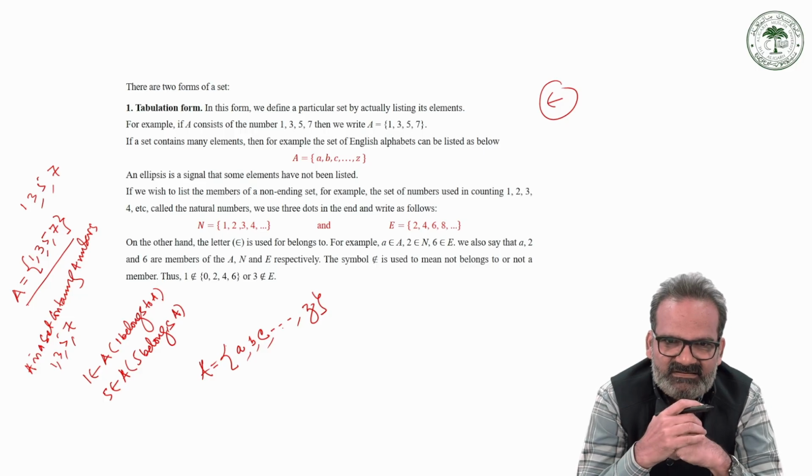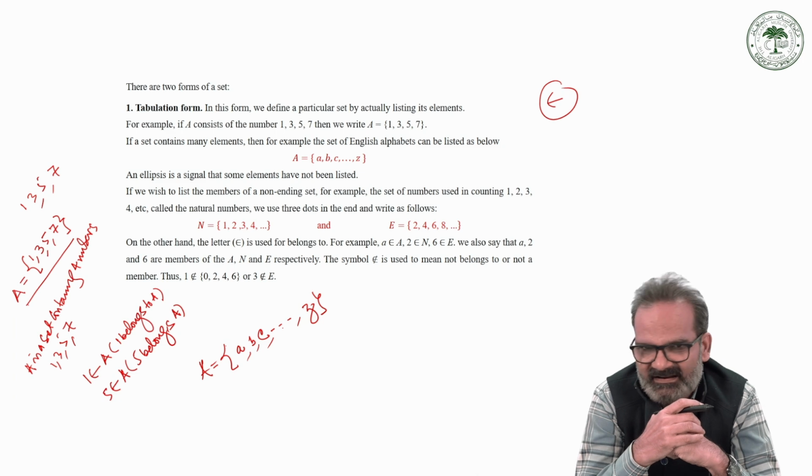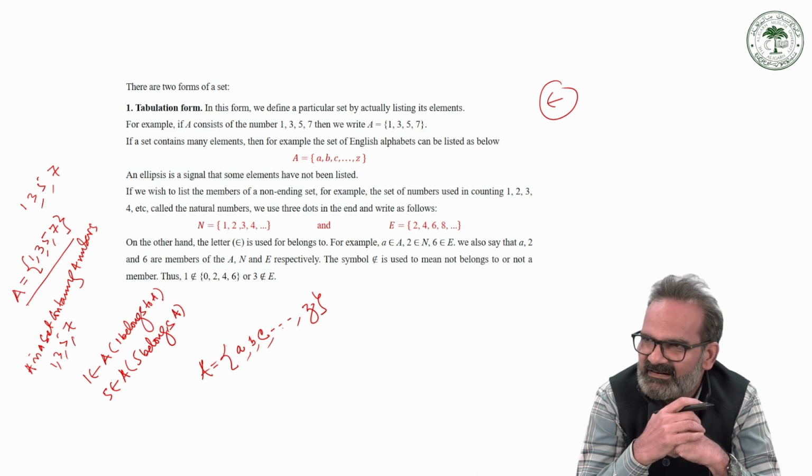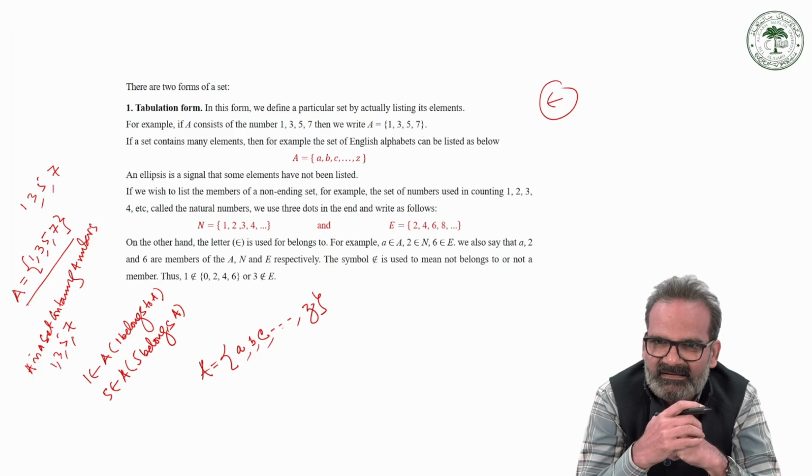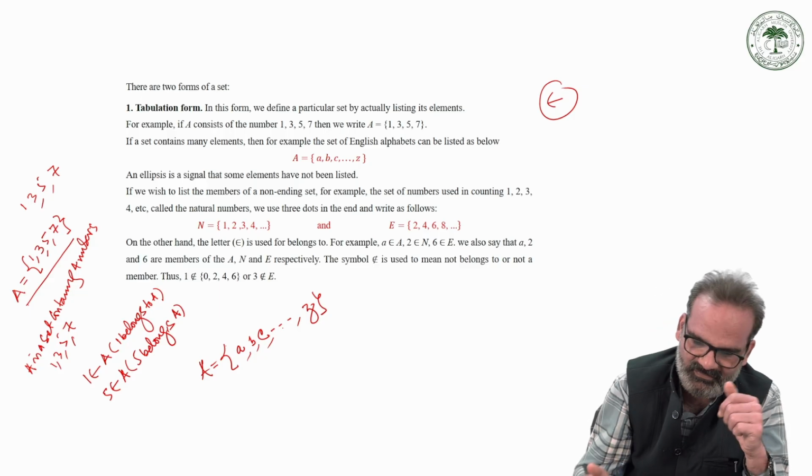If we wish to list the members of a non-ending set, non-ending set meaning a set whose elements never terminate, for example, the set of numbers used in counting, 1, 2, 3, 4, etc., called the natural numbers, we use three dots at the end and write it as follows.